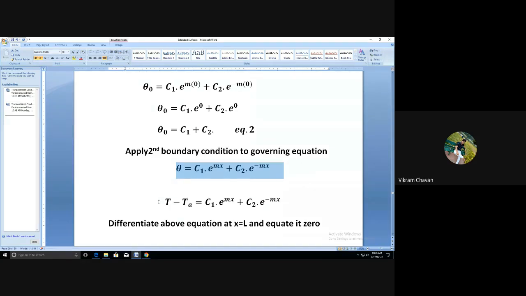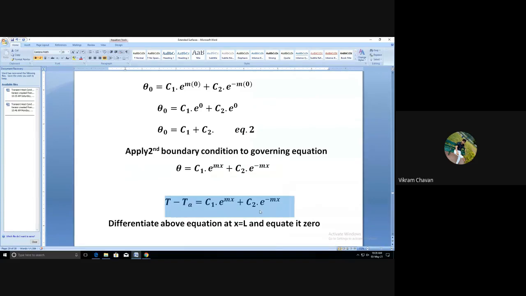Write down, apply the second boundary condition to the governing equation. Therefore theta is equal to c1 e raised to mx plus c2 multiplied by e raised to minus mx. This is our general governing equation for the fin, where theta is nothing but T minus Ta.